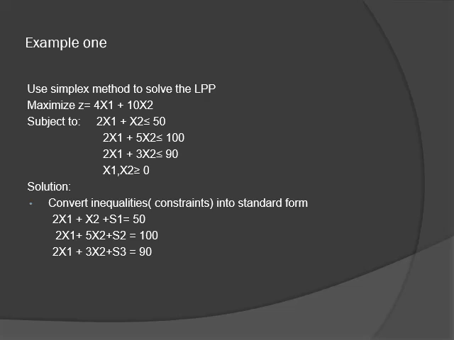Notice that the slack variable for constraint number 1 is S1. The slack variable for constraint number 2 is S2. The slack variable for constraint number 3 is S3. So S1 represents first constraint, S2 represents second constraint, S3 is for the third constraint.